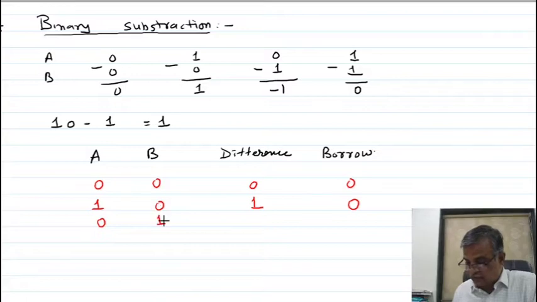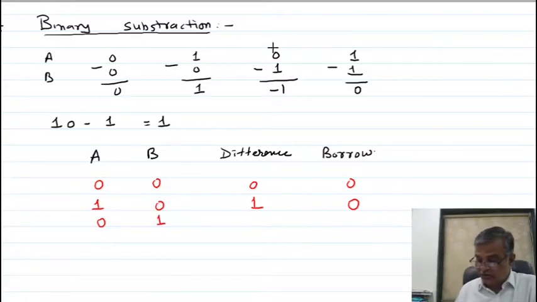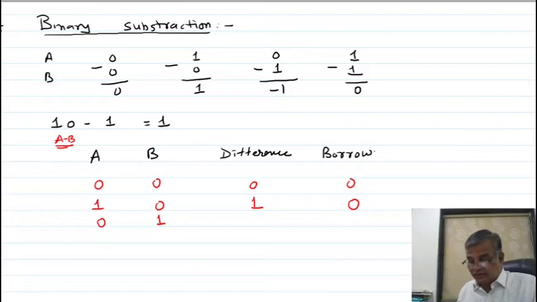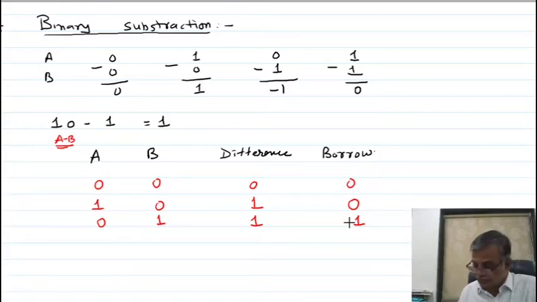0 minus 1. You are doing A minus B. So A minus B means difference is 1, but you have to take the borrow. 1 minus 1, difference is 0 and borrow is 0.